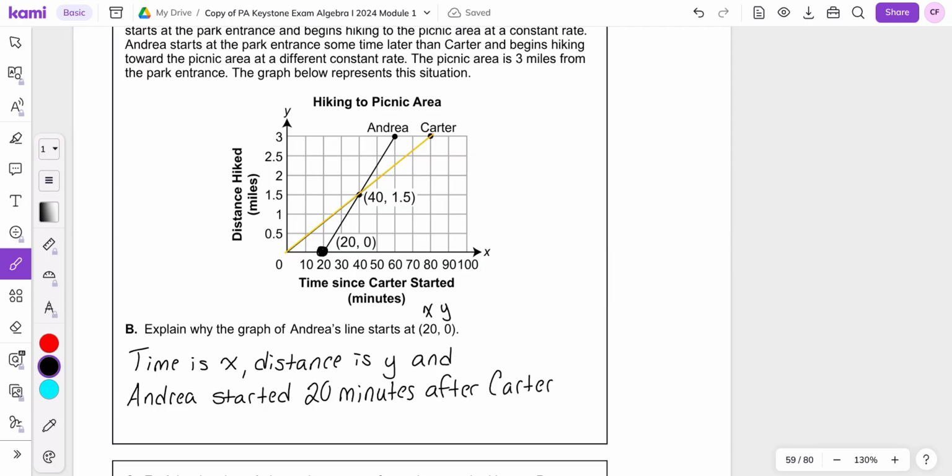Which is why the x there is 20, and they didn't start for the first 20, which is why the distance was 0.